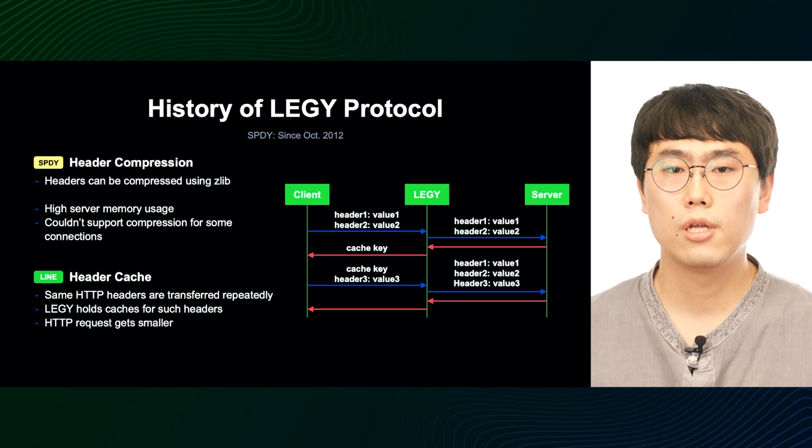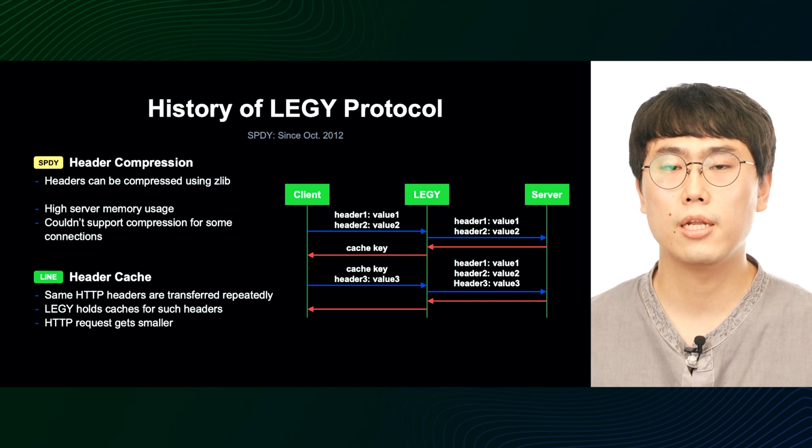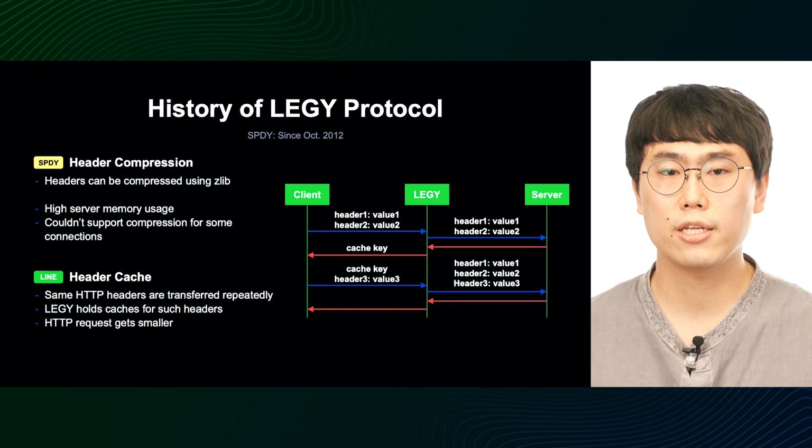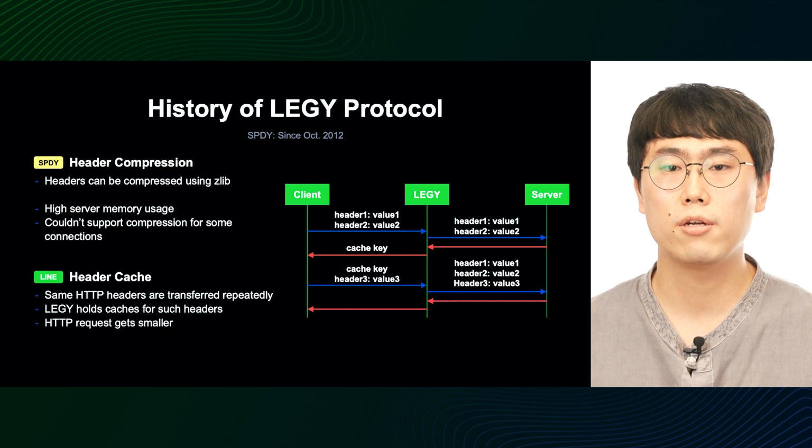Within a connection, when LEGY receives a request, it holds cacheable headers in its memory and returns a cache key to the client. For a later request, client can just attach the cache key as a HTTP header, then LEGY restores the cached header before sending the request to the backend server.